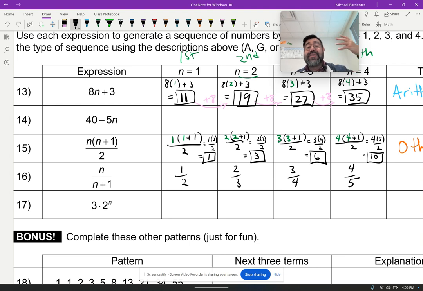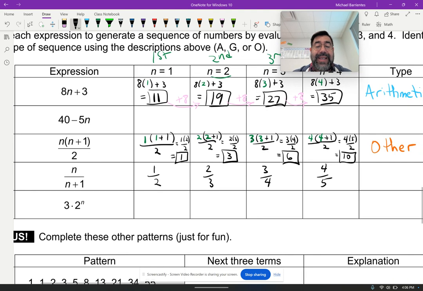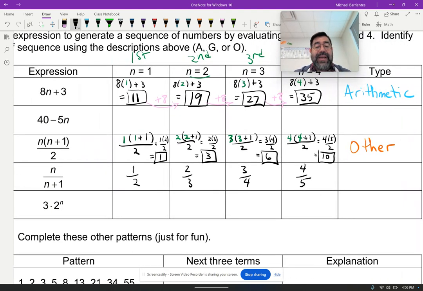So if I wanted to get to the fifth term, that would be 5 over 6. The sixth term, 6 over 7. The 20th term, 20 over 21. Is this a pattern where I'm adding the same number over and over again? No. Is it a pattern where I'm multiplying by the same number over and again? No. So this is one of those other types of sequences.